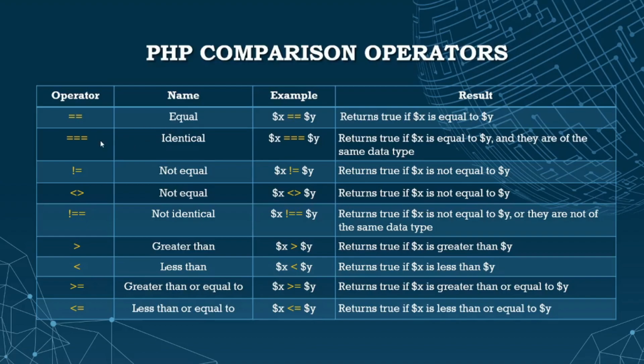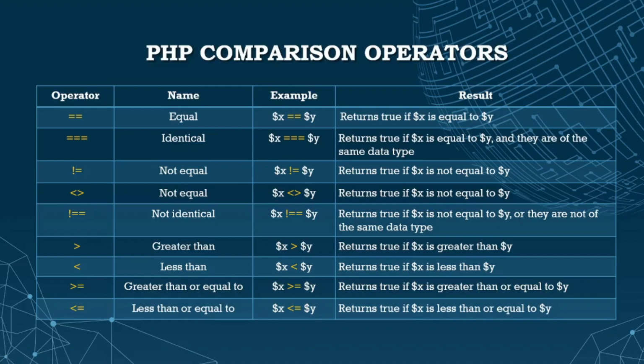So meron naman tayong tatlong equal, which is called identical. So this particular operator will return true if x is equal to y and they are of the same data type. For example, meron tayong number dito, 1, and dito is also 1. So they are equal. But the question is, yung data type ba nila magkatulad?